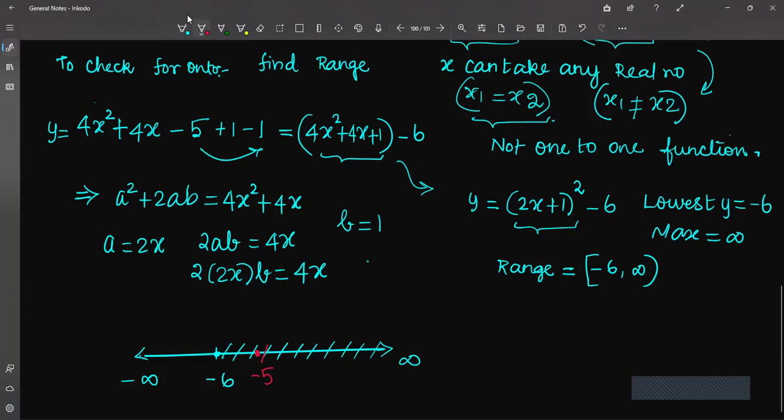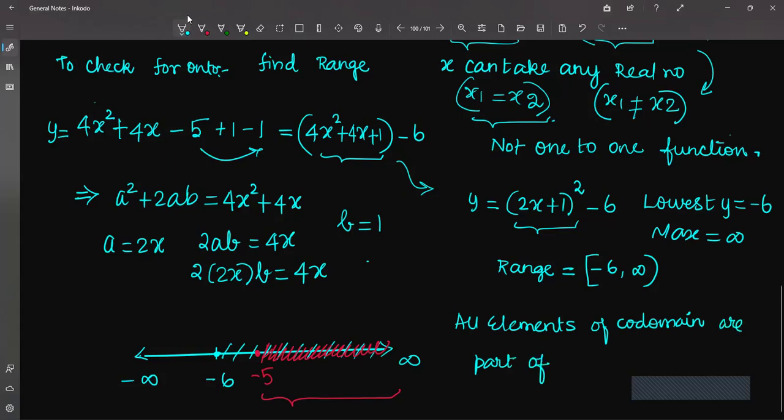If you look at all the elements in the codomain, including -5, they will be part of the range also.